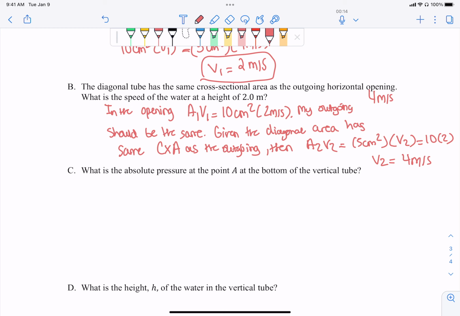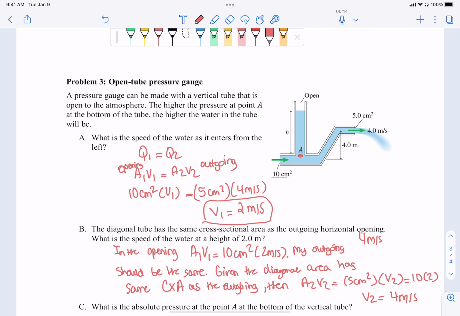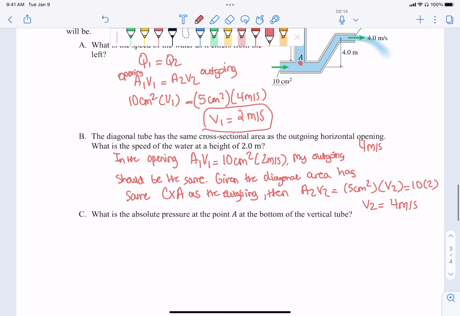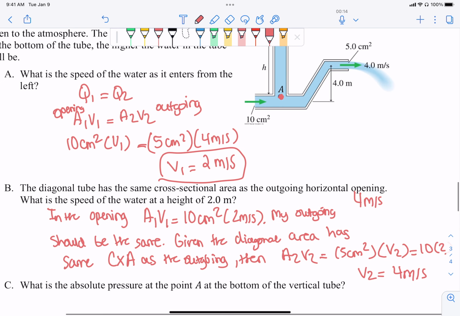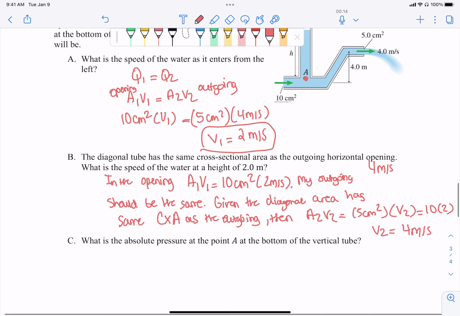They define this as point A, and they want us to figure out the pressure at point A. I'm thinking about this real quick.